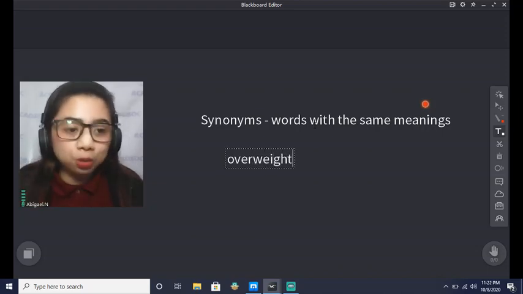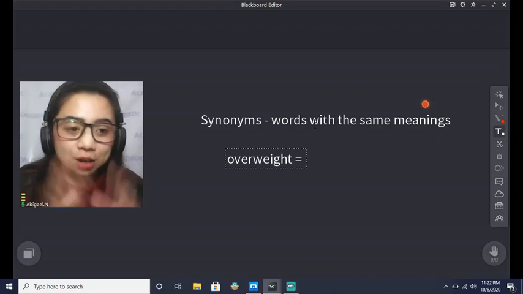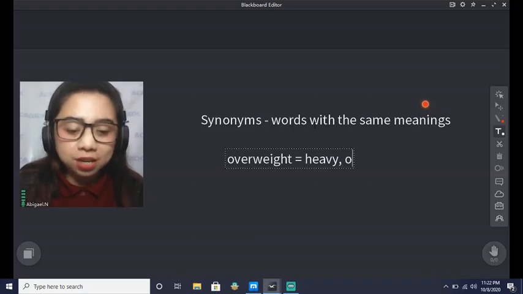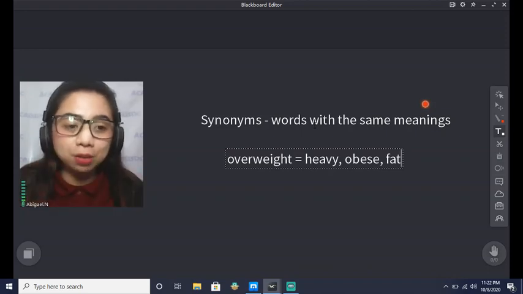What do you think is the synonym of overweight? There are so many possible answers. One is heavy, the other one is obese, fat. These are possible synonyms for the word overweight.